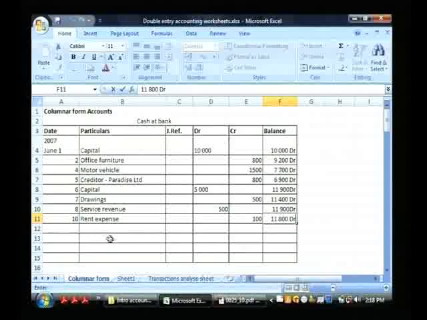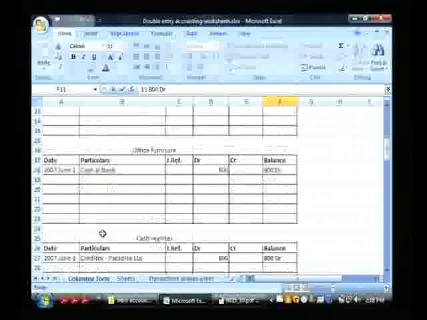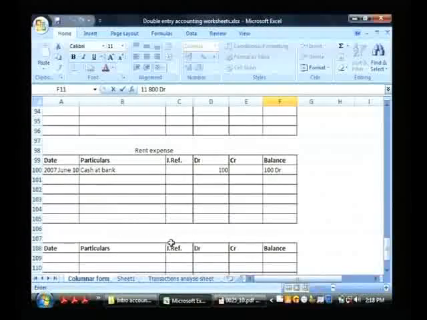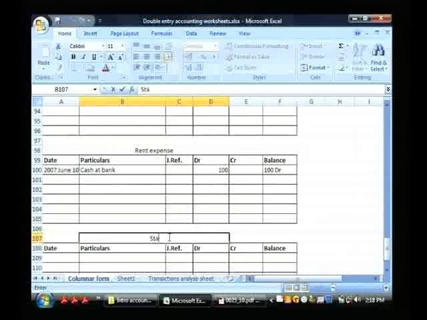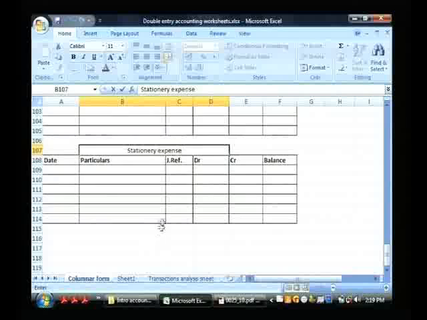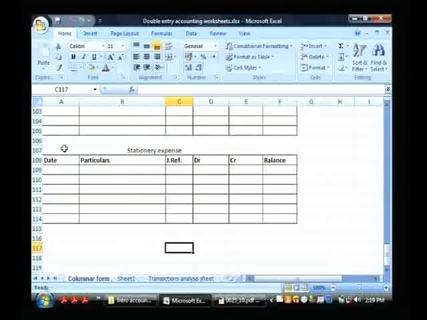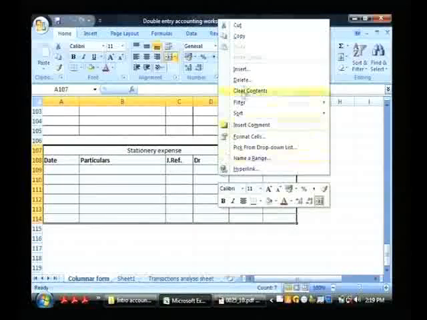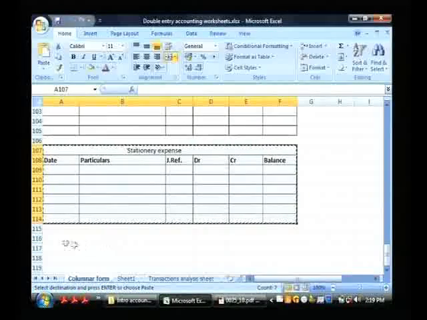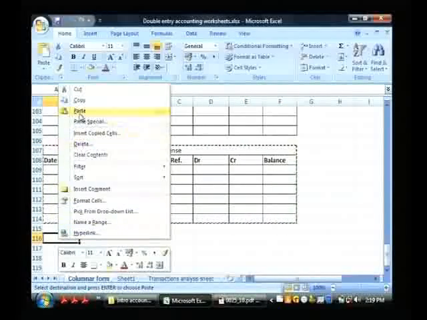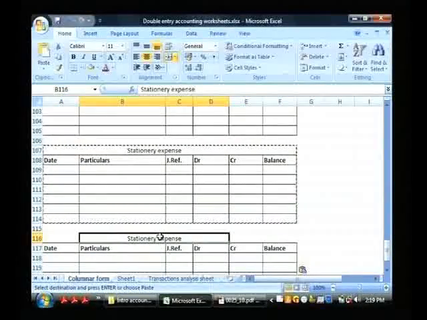Next transaction is stationery purchased on credit transaction. Then we have to have a stationery expense account, and another account for the creditor. This is a credit purchase, so we need another account for creditor.